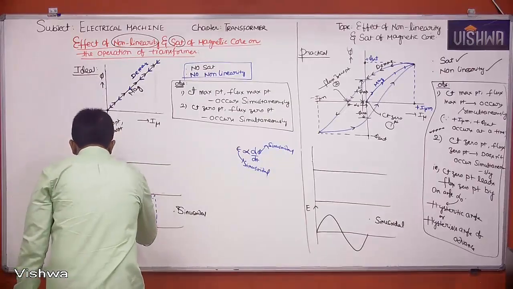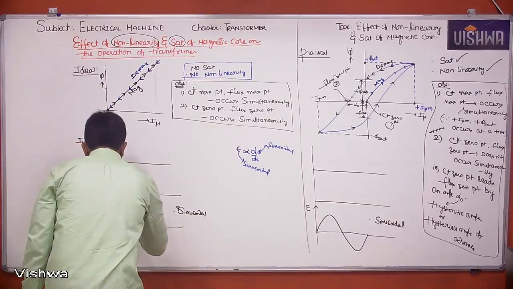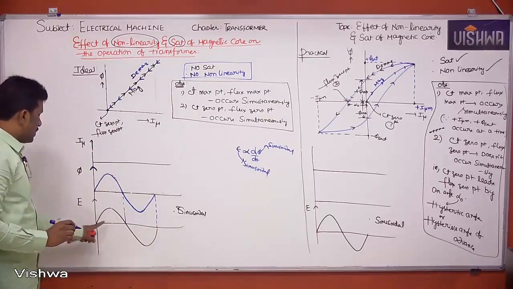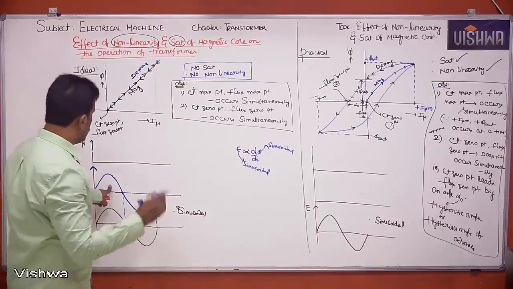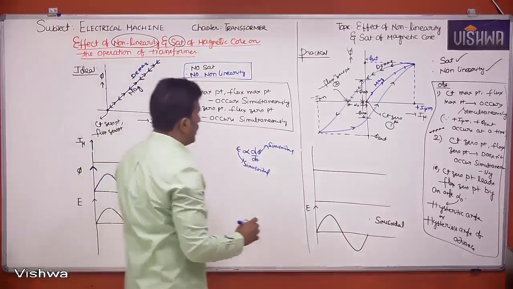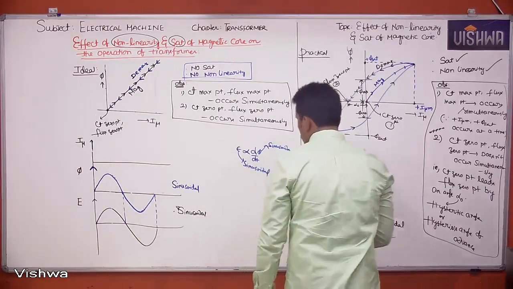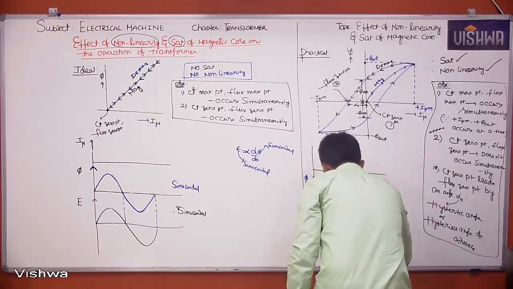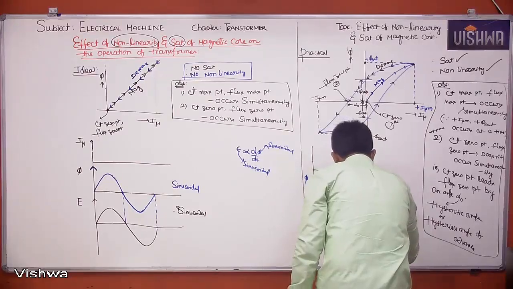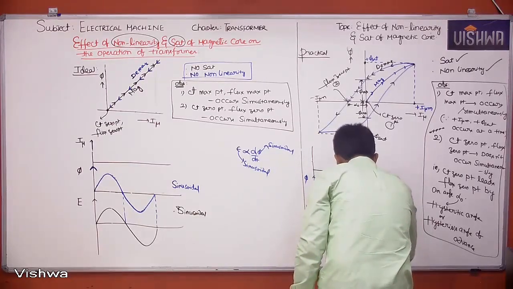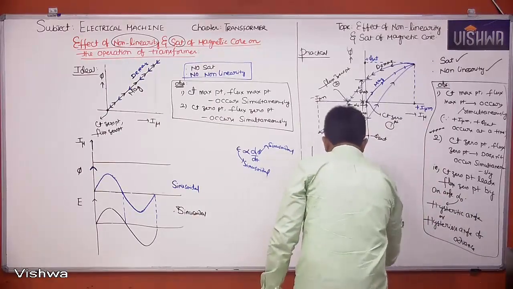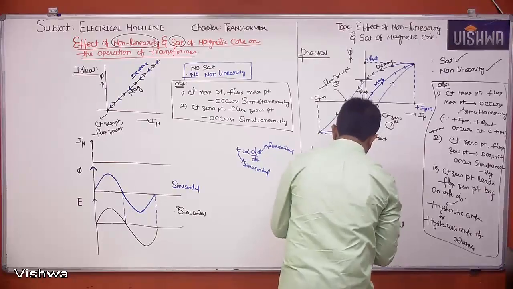So this is the required flux waveform. I want a sinusoidal EMF waveform. For that, the flux waveform should be sinusoidal. Practically also, for having a sinusoidal EMF waveform, the flux required is also sinusoidal.